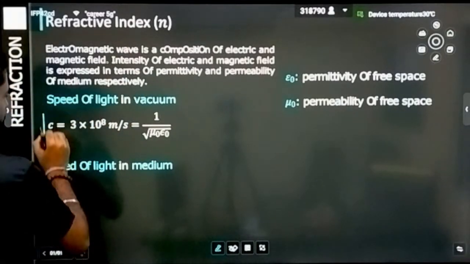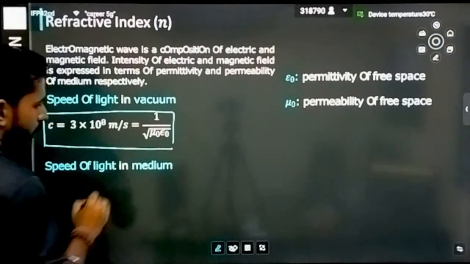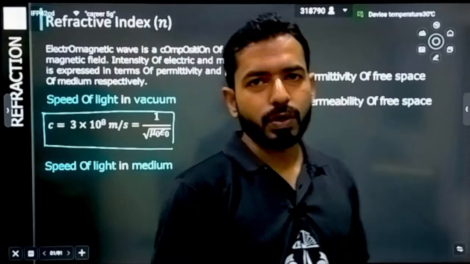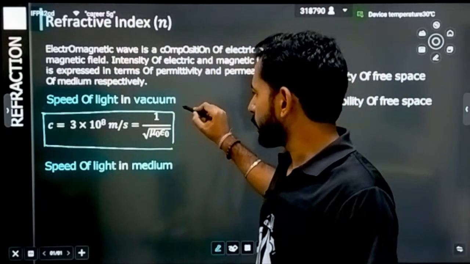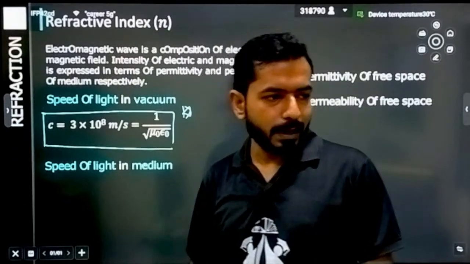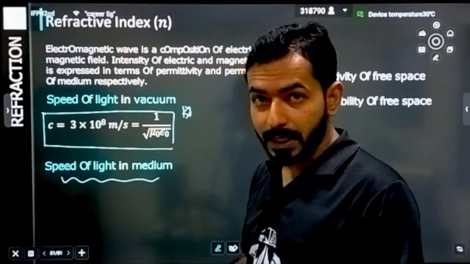See, C is defined as 3 into 10 power 8, which is equal to 1 by root under mu naught epsilon naught. In the last chapter, electromagnetic waves, I told you a very important relation that you always write: C equals 1 divided by root of mu naught into epsilon naught. Clear? So if I ask you, what is the speed of light in a medium, how will you write it?